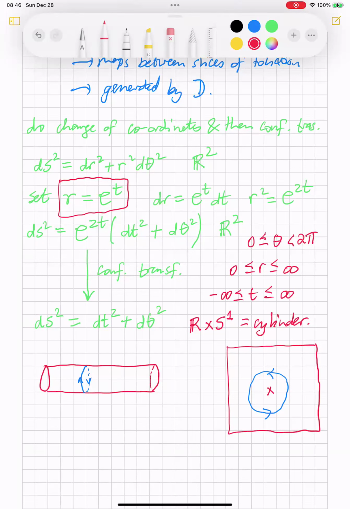So we would call this the two-punctured plane. There's a puncture at r is equal to naught, and there's a puncture at r is equal to infinity. There's a little hole there too. Those are not all the same point. And the two-punctured plane has exactly the same topology as the cylinder. So what we are mapping between is the cylinder and the two-punctured plane. Good. We'll continue in a moment.